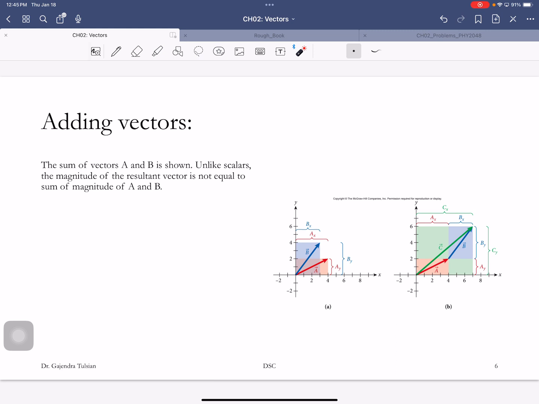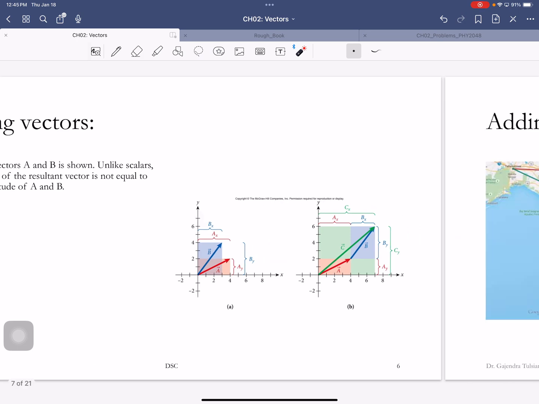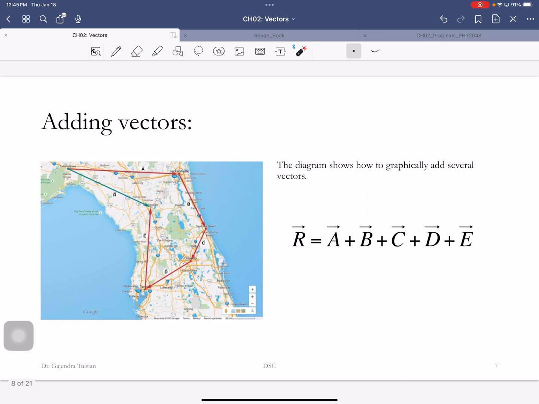Put the third one at the end of the second. There you go. Do you know how to add 100 million vectors? Once you know how to add two vectors, you know how to add no matter how many vectors. So 1, 2, 3, 4, 5, and there's the sum.